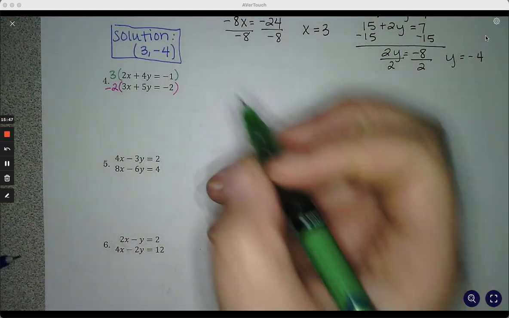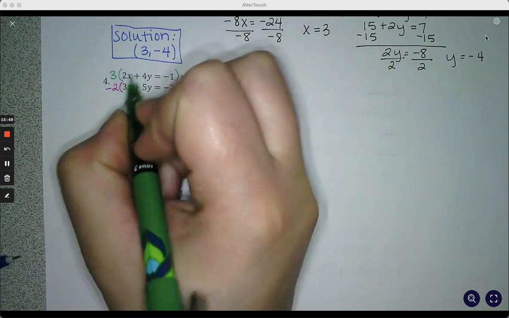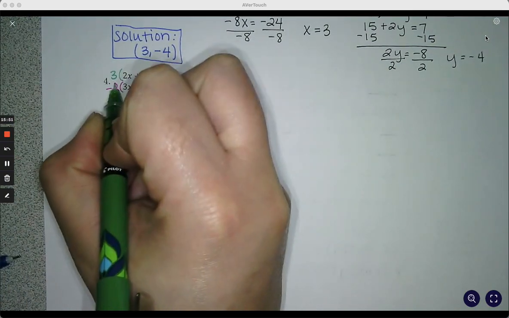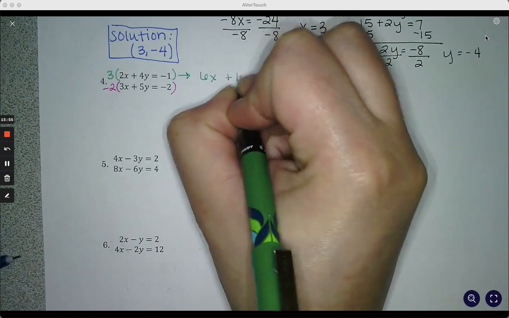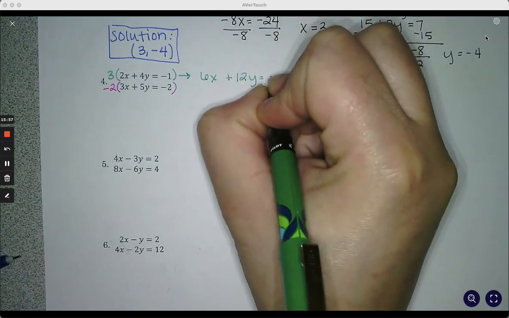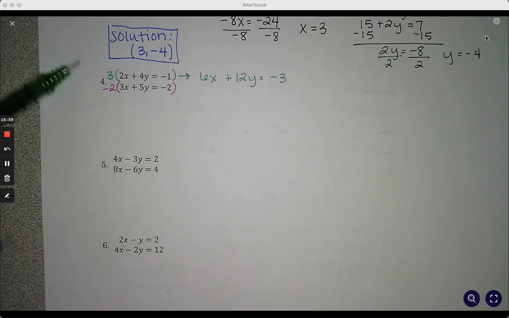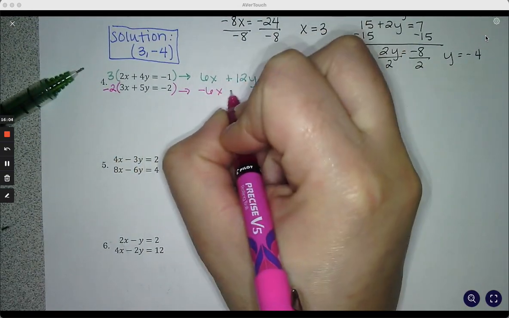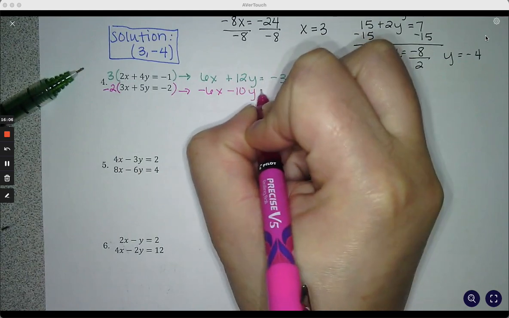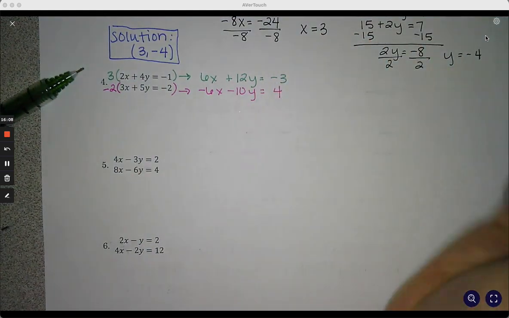Because if I can do that and distribute these all the way through, so 3 times 2 gives me 6x plus 12y equals -3. And the bottom one gives me -6x minus 10y equals 4.